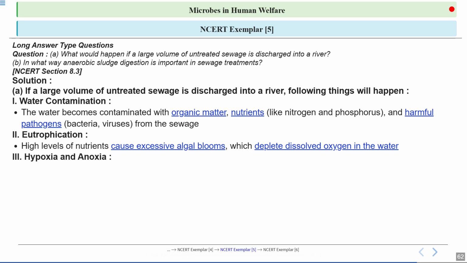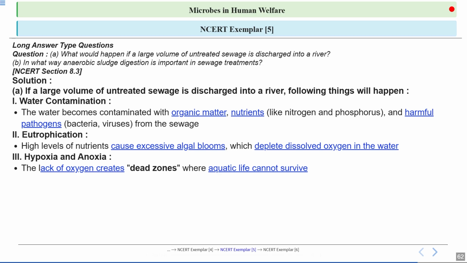Next one is hypoxia and anoxia, which means low or no oxygen in the water. Without enough oxygen, aquatic animals can't survive. So due to eutrophication also, there is a lack of oxygen. Dead zones are created where organic life cannot survive.